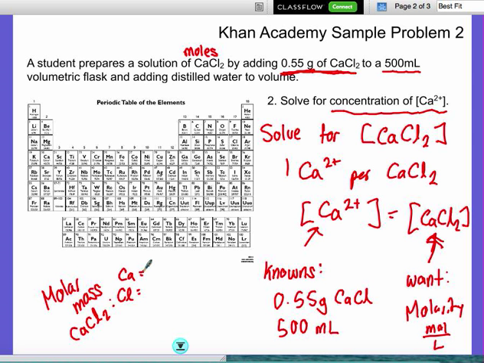So to find molar mass, review. We go to the periodic table, we see that calcium has a mass of 40.08 and chlorine has a mass of 35.45.